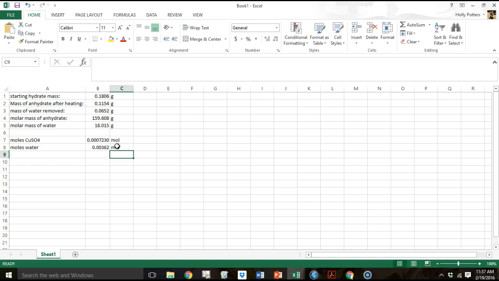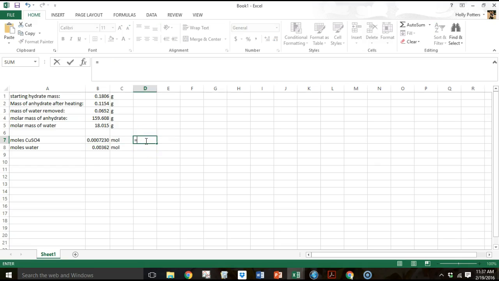Okay, so the next thing we do when we're finding empirical formulas is to divide the mole amounts by the smallest mole amount. And that is so that we can hopefully come up with a whole number ratio. So of these 2 numbers of moles, the smaller of the 2 is copper sulfate's moles. So I'm going to divide each by that number.